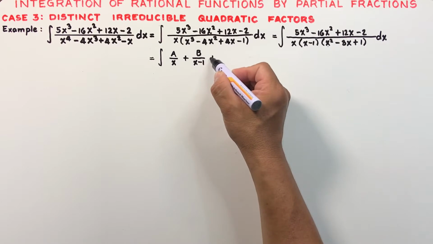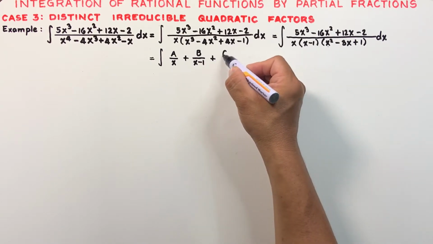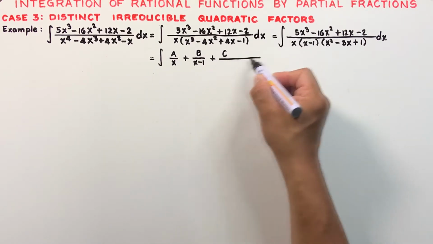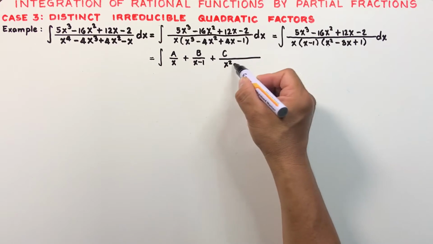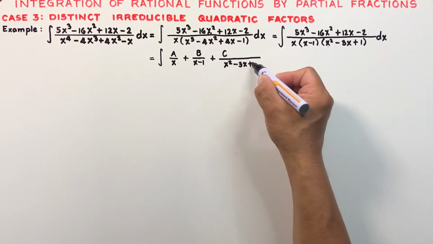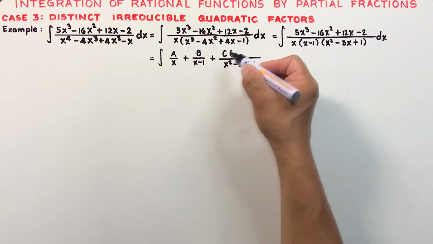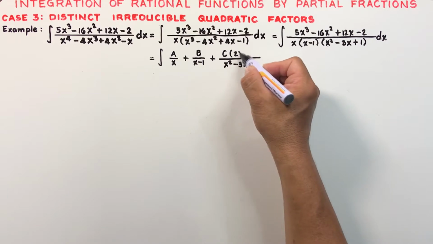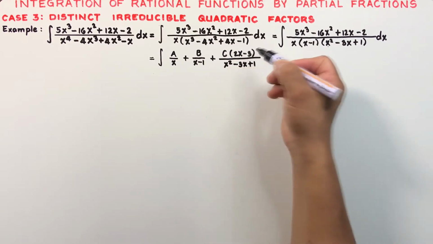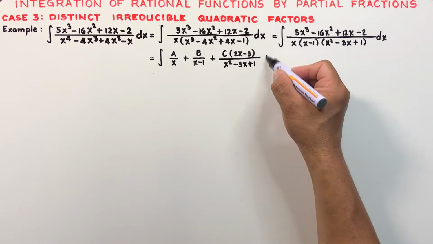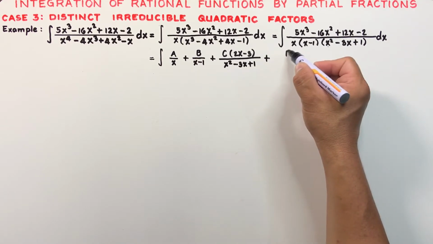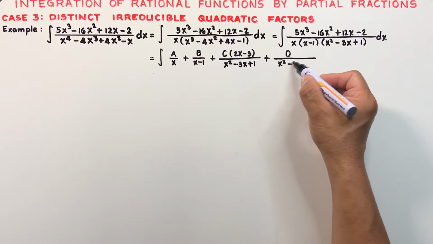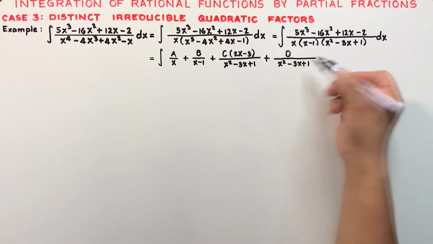For the next factor, which is the quadratic x squared minus 3x plus 1, this is over x squared minus 3x plus 1. But in the numerator, our constant C will be multiplied by its derivative, which is 2x minus 3. And this will be added also to the constant D, wherein the denominator is also this quadratic x squared minus 3x plus 1.